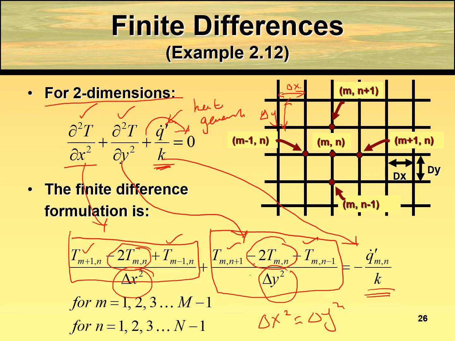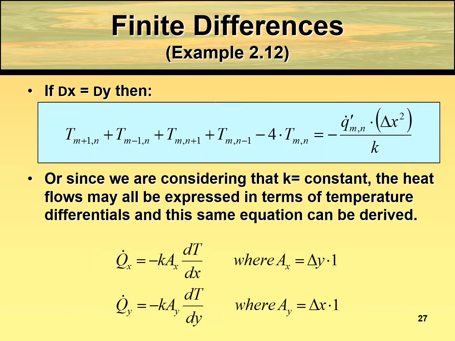You can group the rest together, and because here is a division, you multiply it with this part here, and that will give you this equation. This is the equation that you can use to solve finite difference problems related to heat transfer where you want to find the temperature. So remember this formula, it's not that hard.